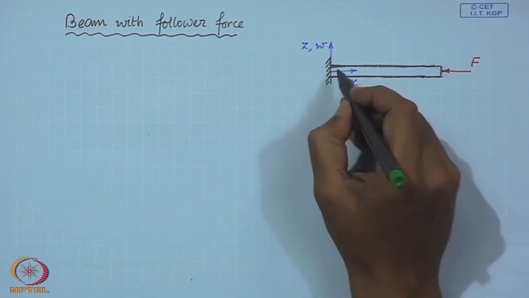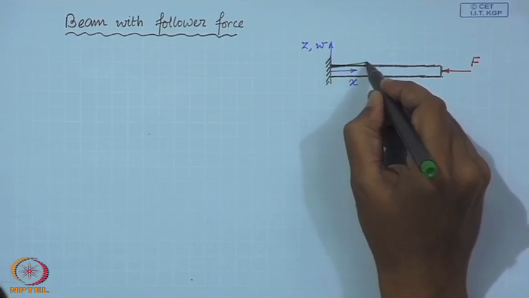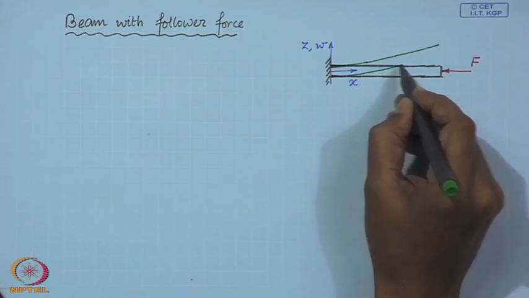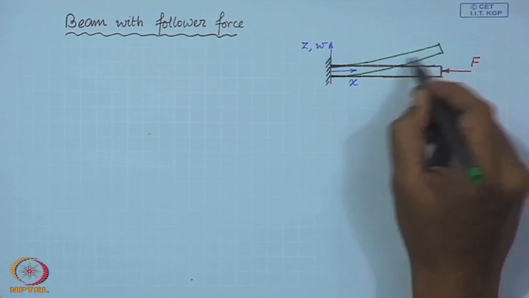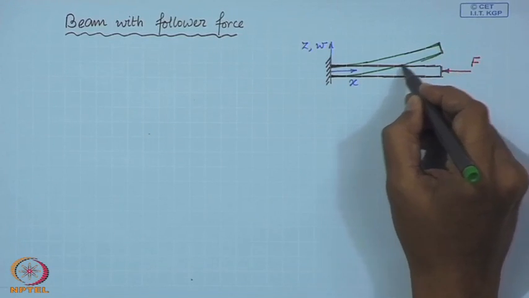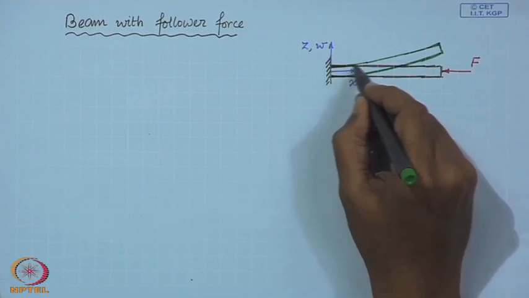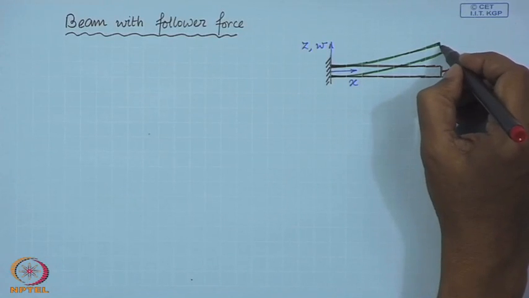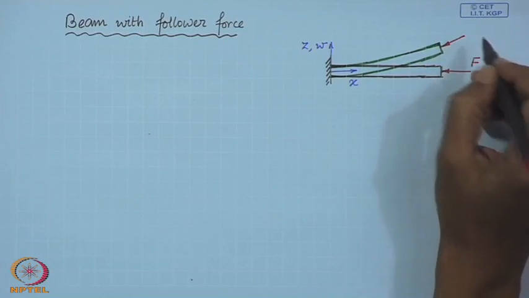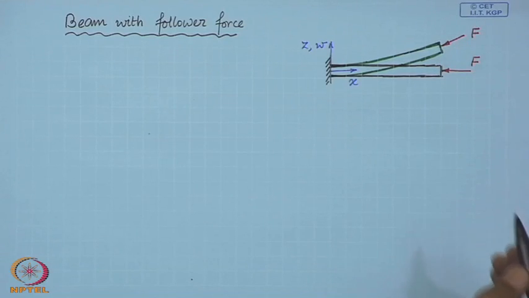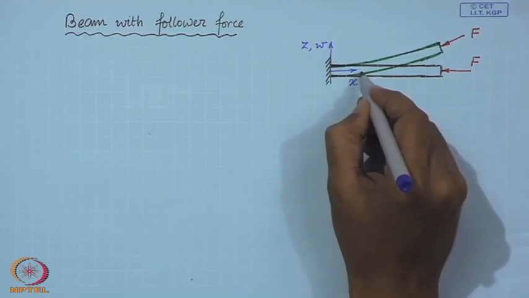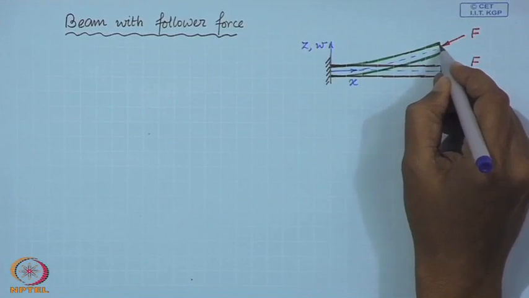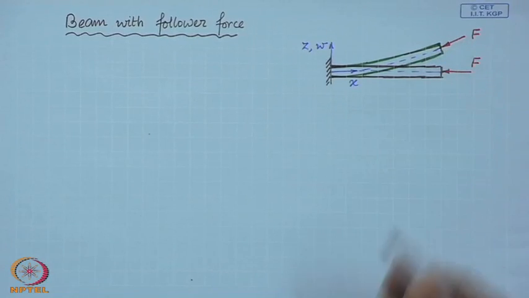But then this force has this property that when the beam deflects, this is an exaggerated figure, the force is going to maintain the same angle as the center line.